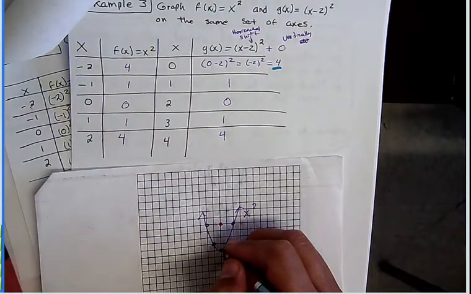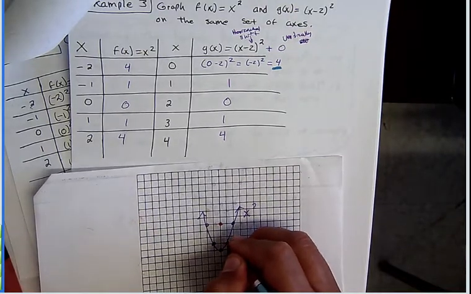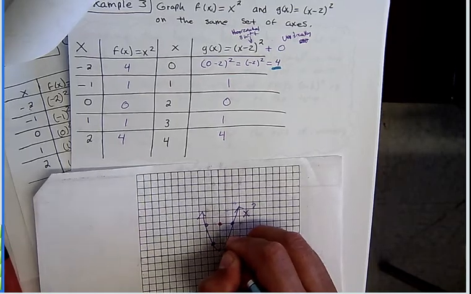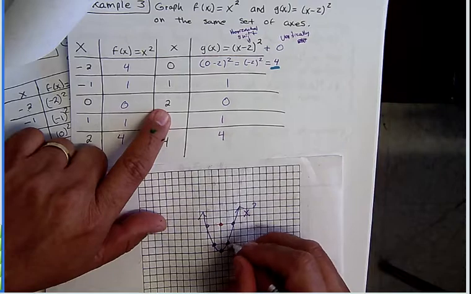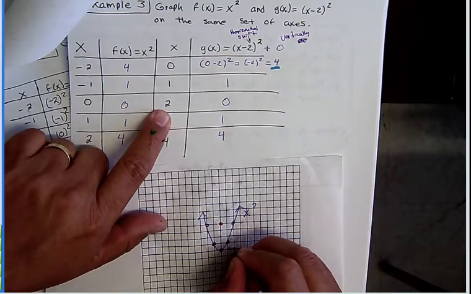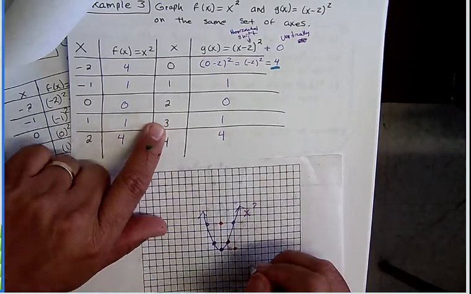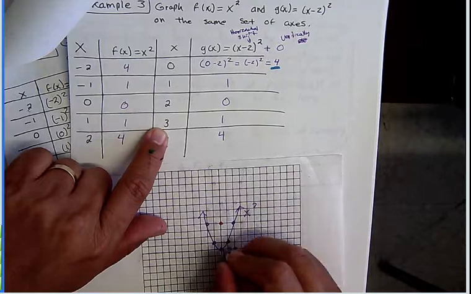Let me see if I got the right answer for that. 4, 0, 4, 1, 1. Yes. So 1, 1 would be here with this point here. And then 2, 0 right there. And then 3, 1. So 1, 2, 3, 1.